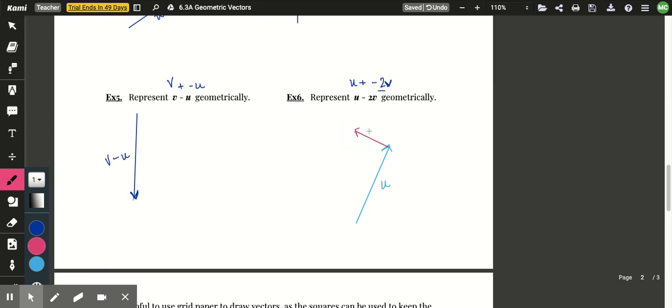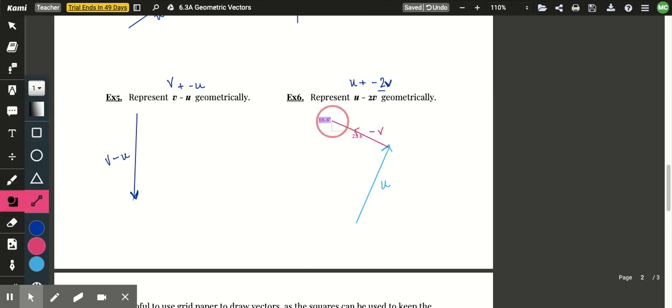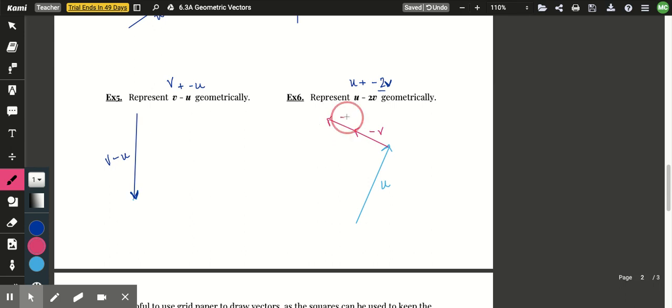Put the head on that one. That's an opposite of V. And then I'm going to do a second one right on top of that. Again, same slope, same direction. There's the opposite of V again.